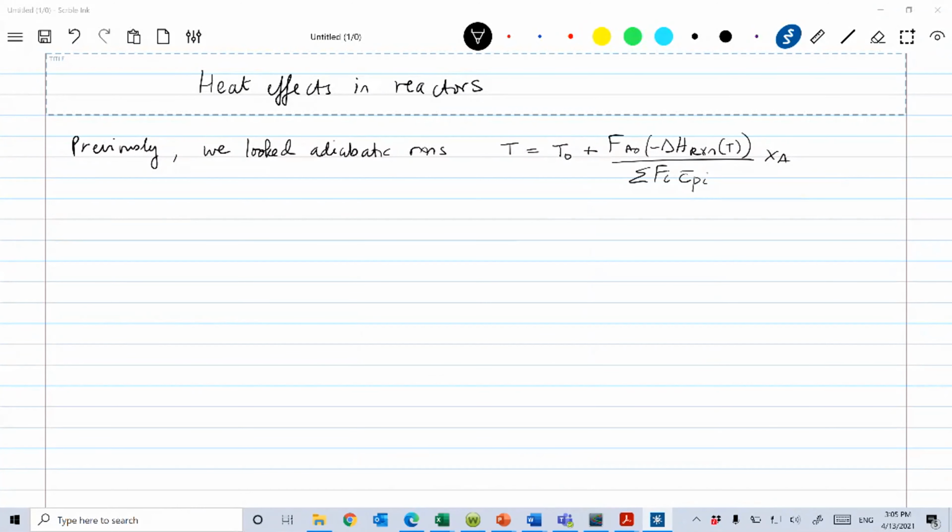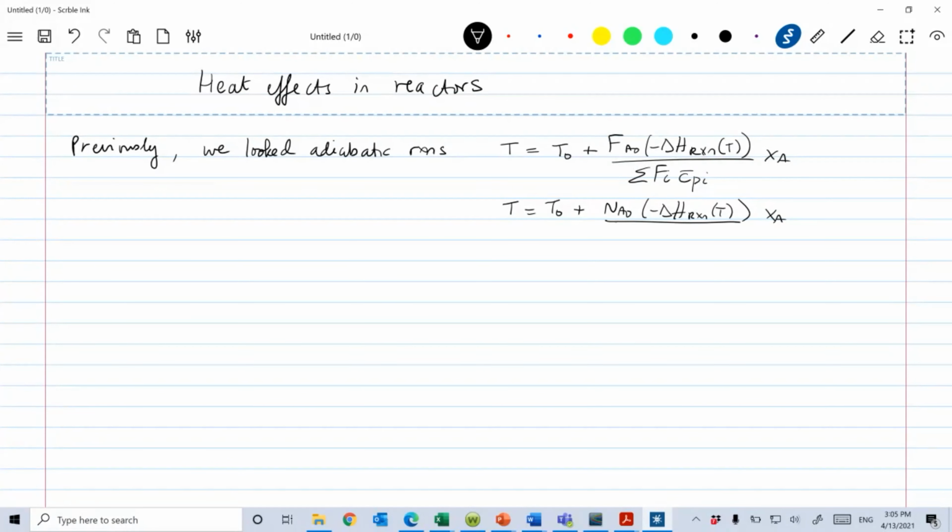So this is what we computed, and we can do the same if it's a batch reactor. We can write it as this. Of course, we made some simplifications. This is Fi naught. We made some simplifications with the heat of reaction.